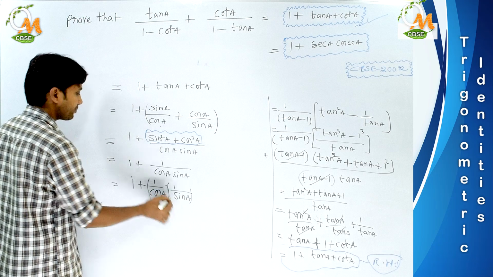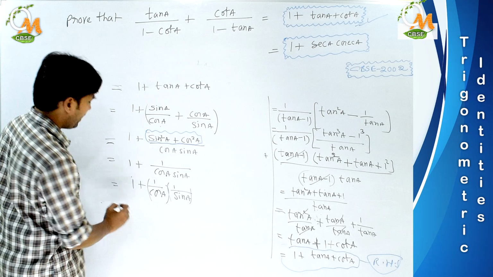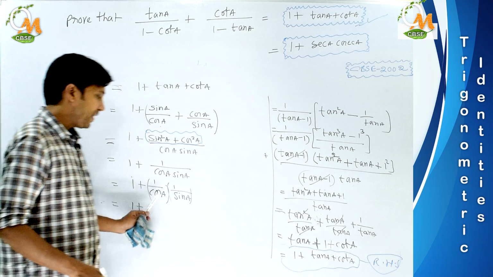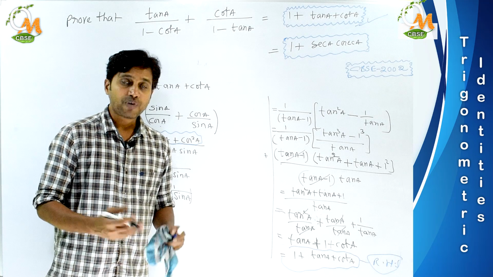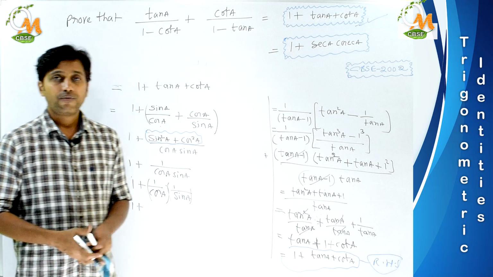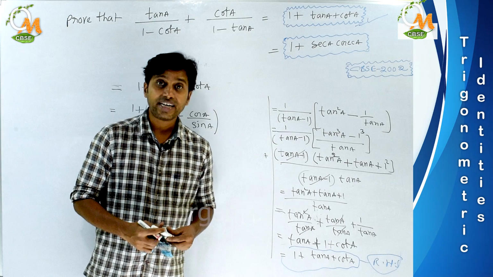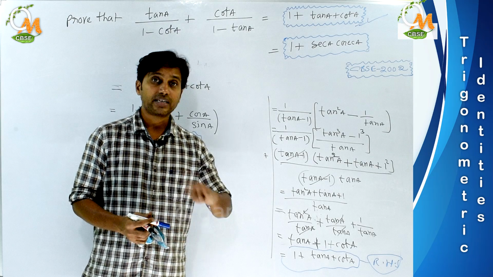Now tell me, how can we express this? How can we express 1 by cos A? 1 by cos A can be written as secant A, because secant and cos are reciprocals of each other.